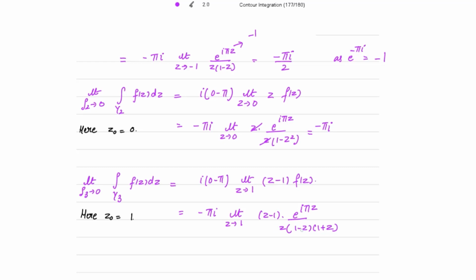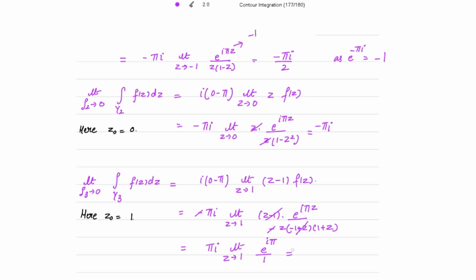So let me take this negative outside common. I get z minus 1, so these two will be cancelled. This negative will cancel with this. I get pi iota, limit z tends to 1 e to the power iota pi over 1.